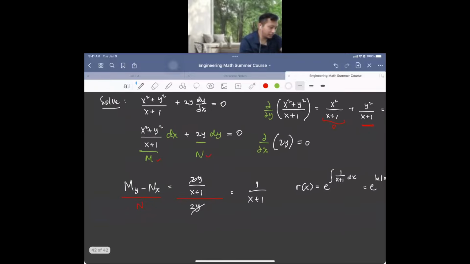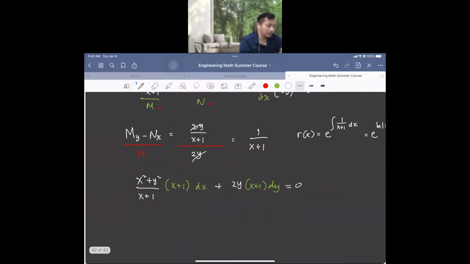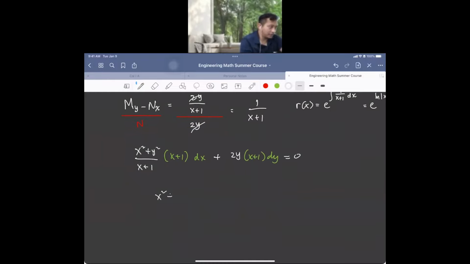So we multiply (x squared plus y squared) with x plus 1, and plus 2y multiplied with x plus 1, equaling 0. So we have (x squared plus y squared) dx plus 2y(x plus 1) dy.